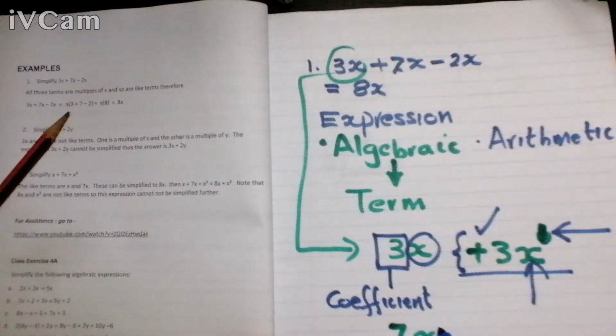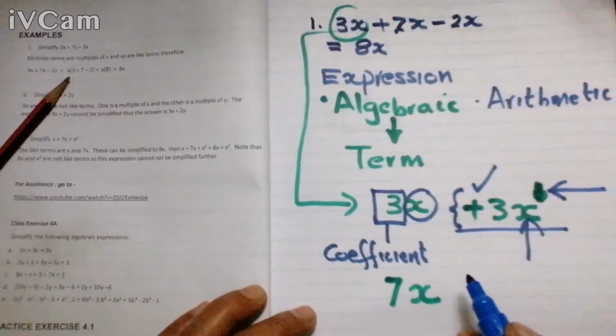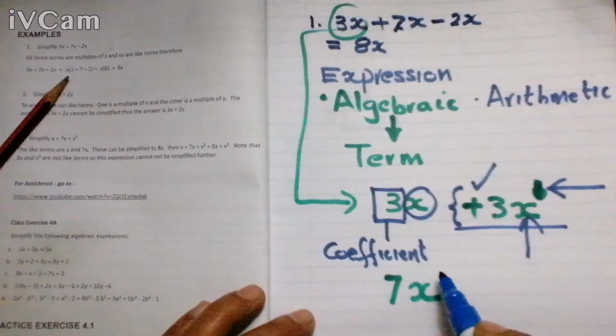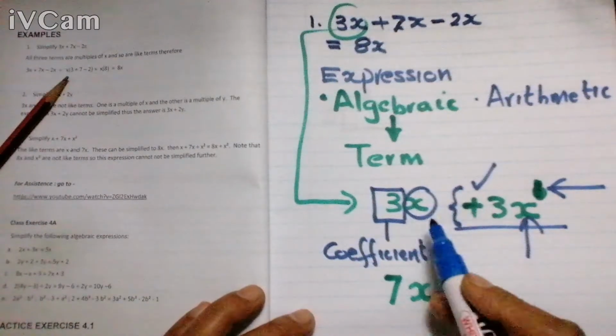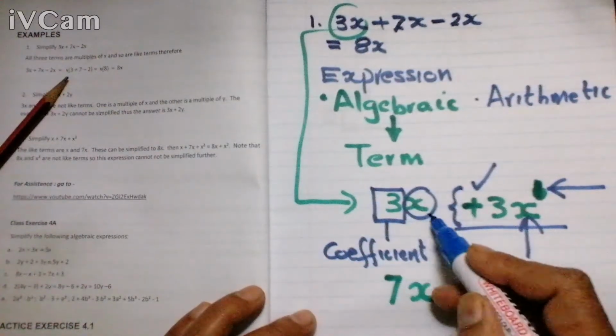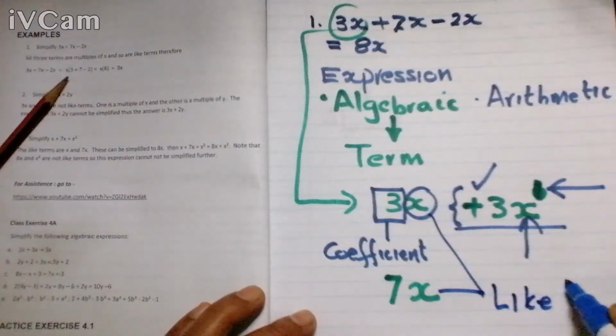So what is the exponent here? Yes, the exponent is 1. So when the variables are the same and the exponents are the same, we say these two are like terms.